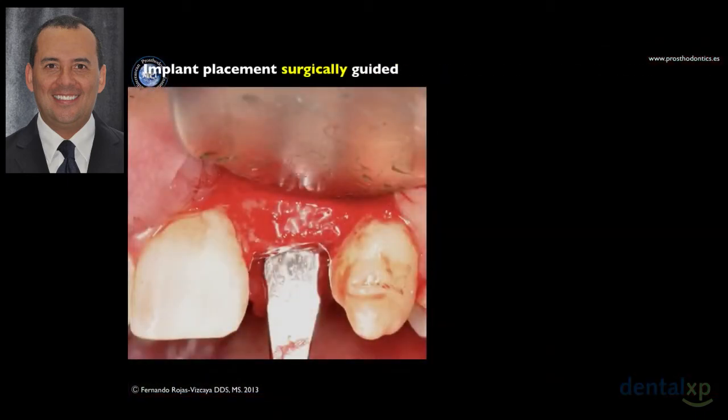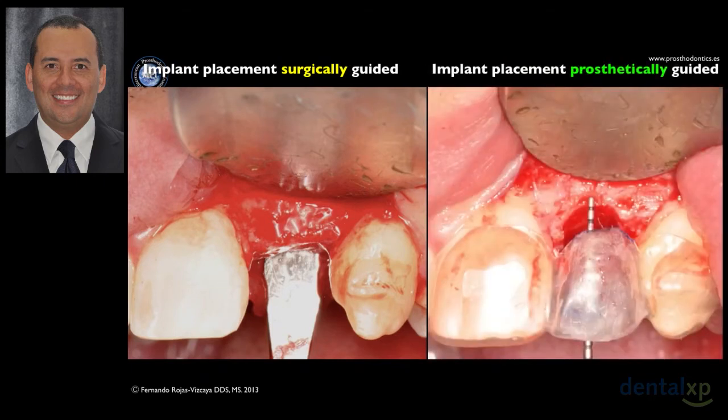But let me show you the difference between placing the implant just surgically guided, that means just where is the bone, or placing the implant prosthetically guided, that means using the prosthesis as reference to place the implant. In both cases, at the end, I will have the same incisal edge, right? I only have one position.